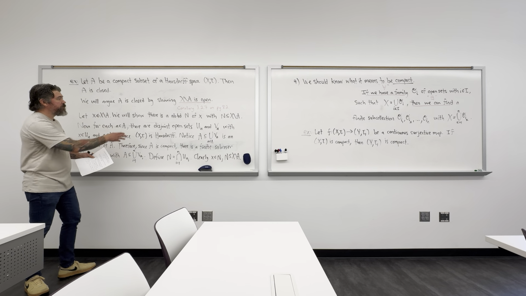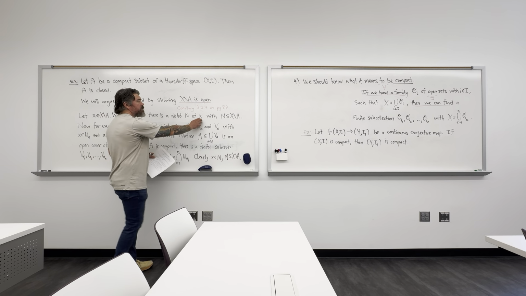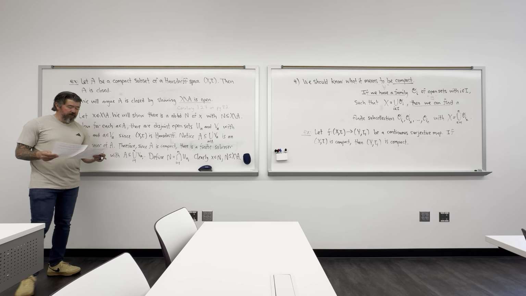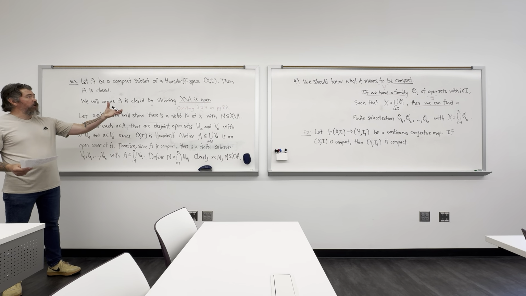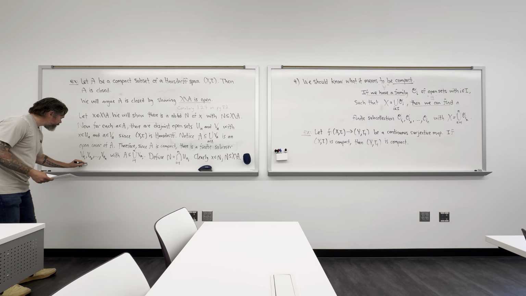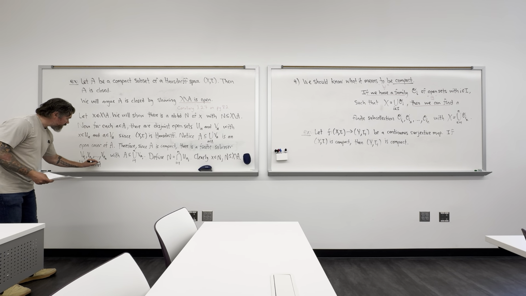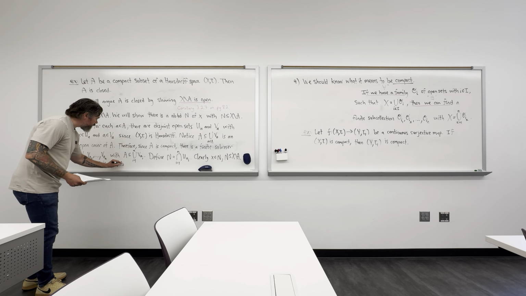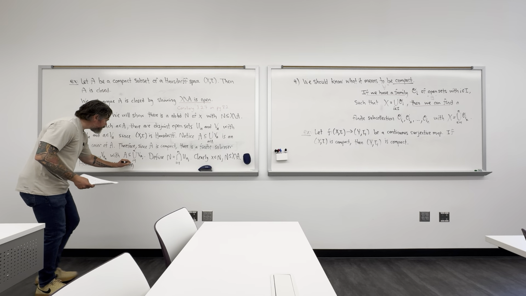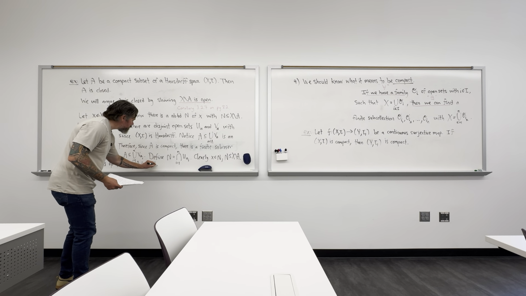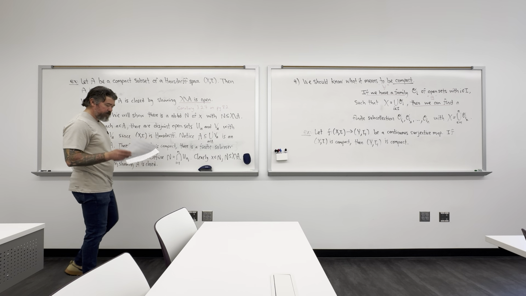Okay, so what we've done is we've found a neighborhood of x sitting inside the complement. Therefore, the complement is open. Hence, X minus A is open, showing A is closed.